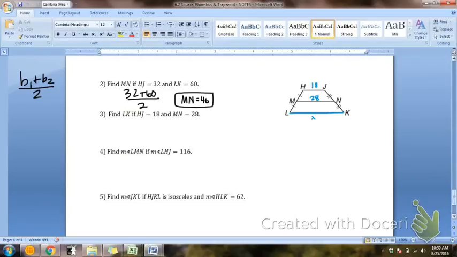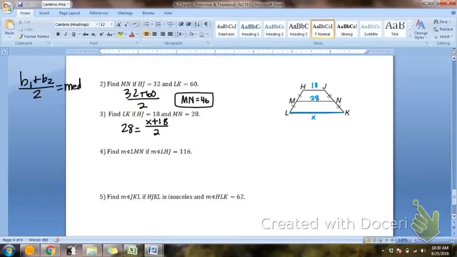So I'm going to put an X in for my LK. And then let's look at our formula here. Remember, I know that this is the median. So if I know how much the median is, which is 28, right? I can say 28 equals X plus 18, so those are my two bases, divided by 2.